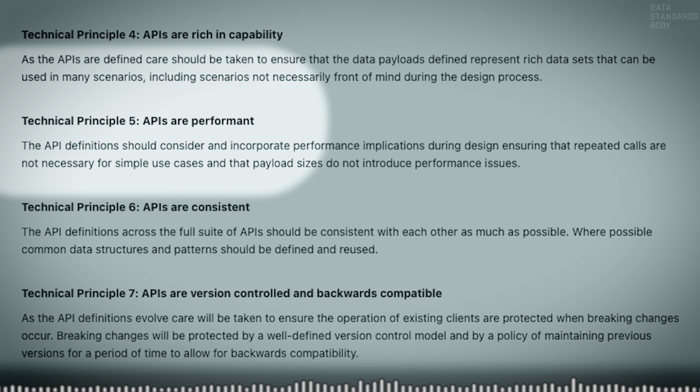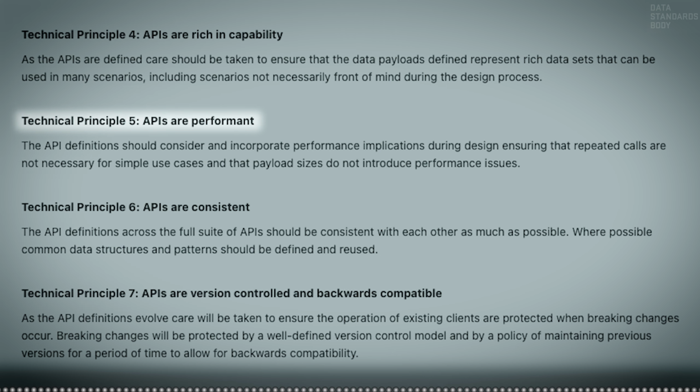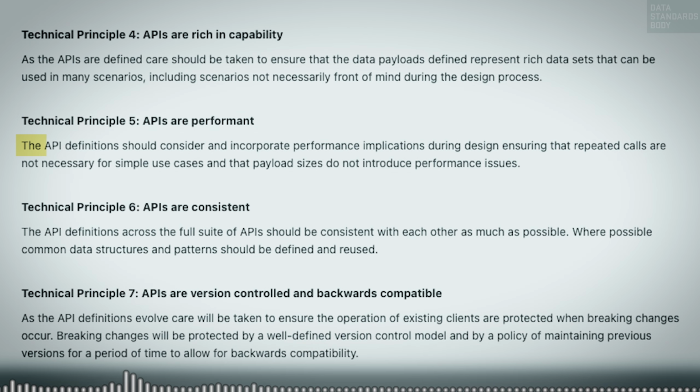Technical Principle 5. APIs are performant. The API definitions should consider and incorporate performance implications during design, ensuring that repeated calls are not necessary for simple use cases and that payload sizes do not introduce performance issues.